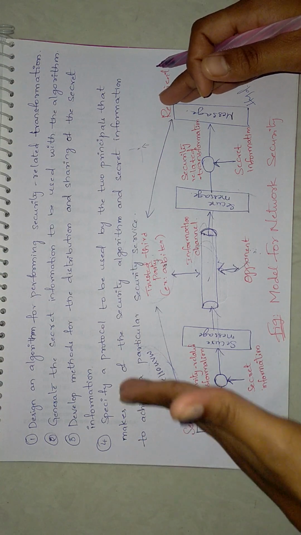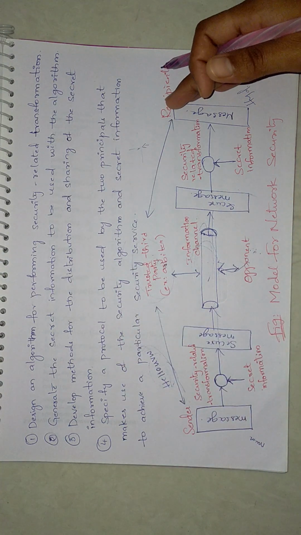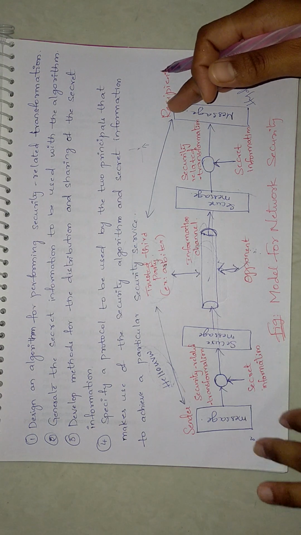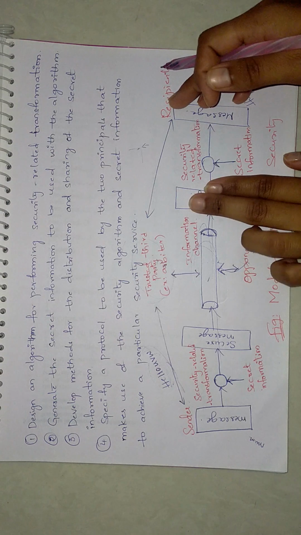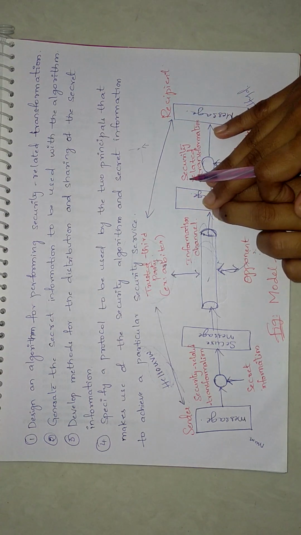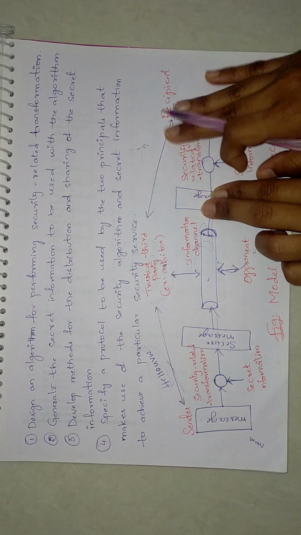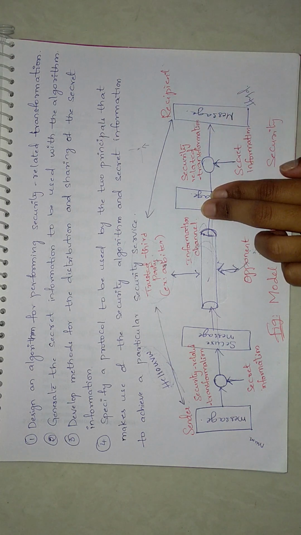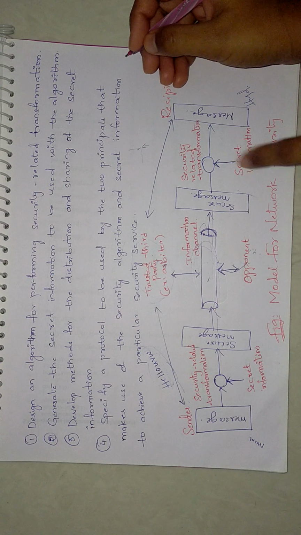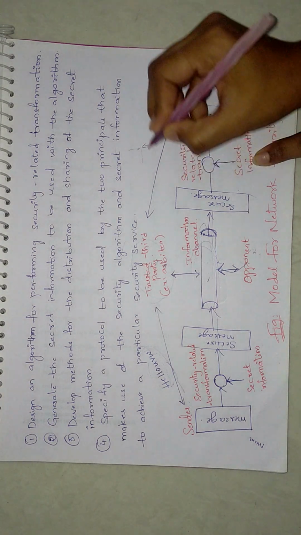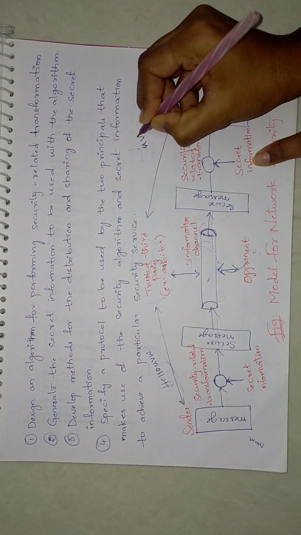Using the algorithm, they will generate the secret information, and using the same algorithm they will find what the secret information will be. So before checking what the secret information is here, first they will generate secret information using the algorithm.